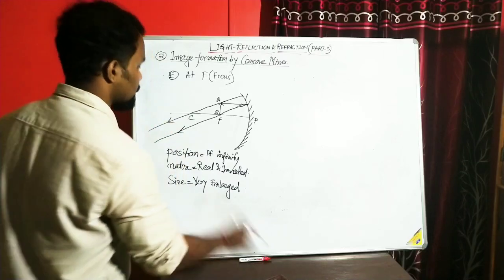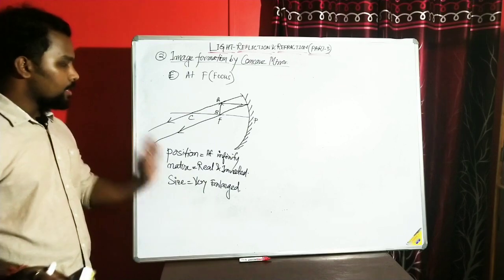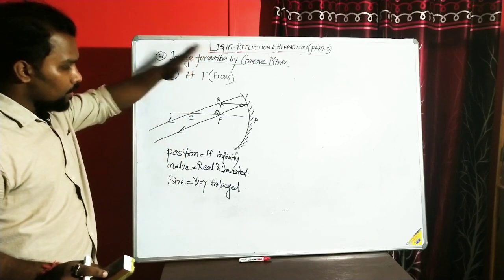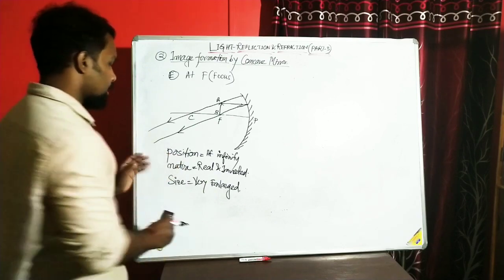Now I will erase this part. If you want to write, just write it down. I am going to erase completely, so just pause the video and write it down.